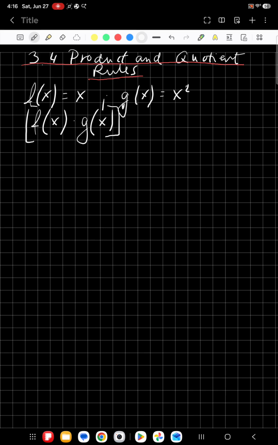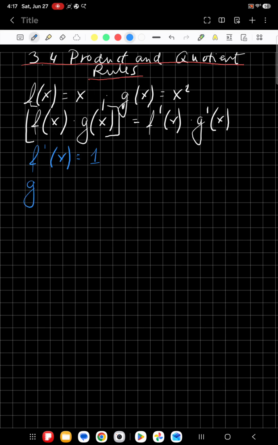Okay, so let's do it the way it's not supposed to be done. So the wrong way. Here we go. We would take f prime of x times g prime of x. So f prime of x equals 1, because the derivative of x is just 1.